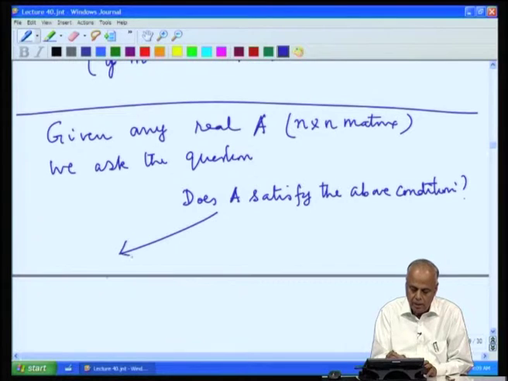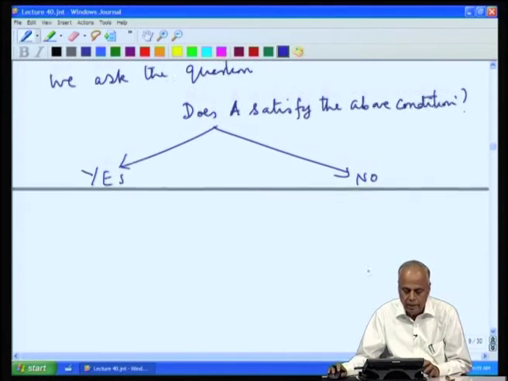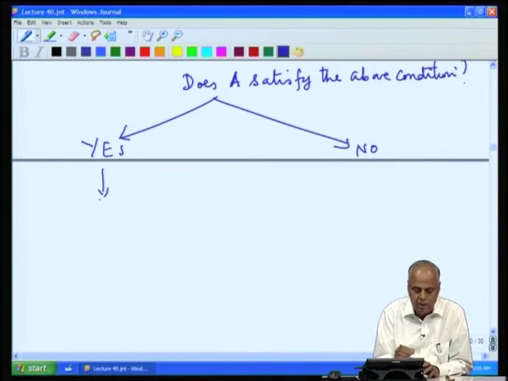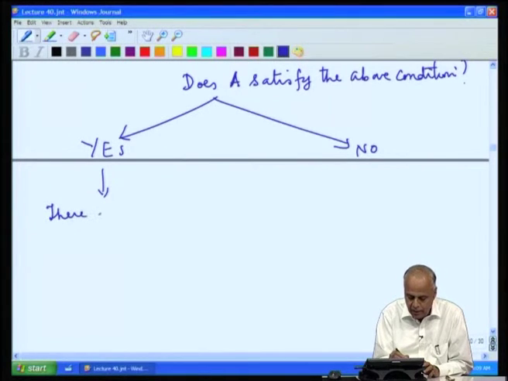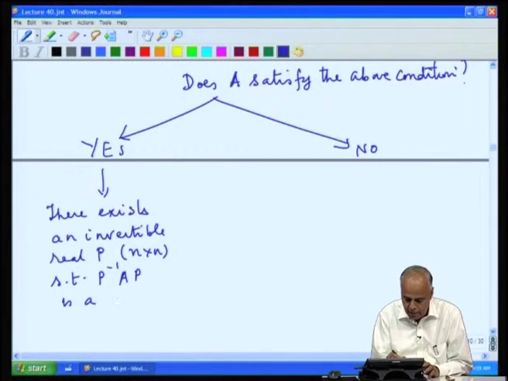And again the answer can be yes or no. In the case of yes, since it satisfies the conditions, there exists an invertible real n by n matrix P such that P inverse A P is a diagonal matrix.